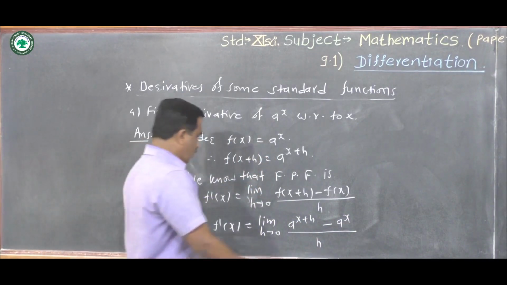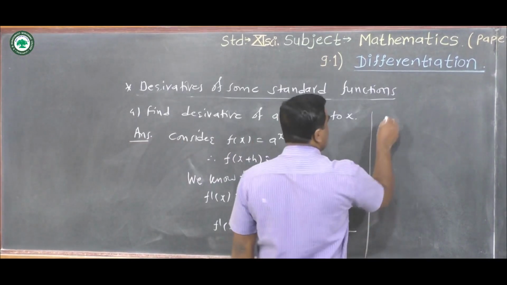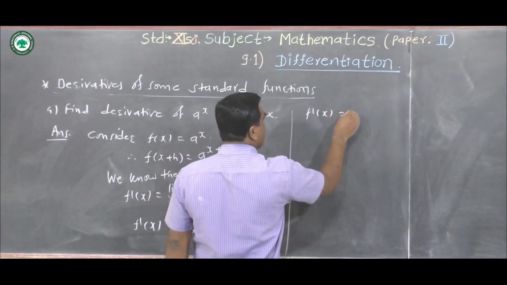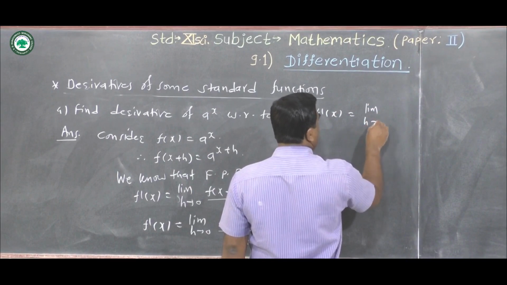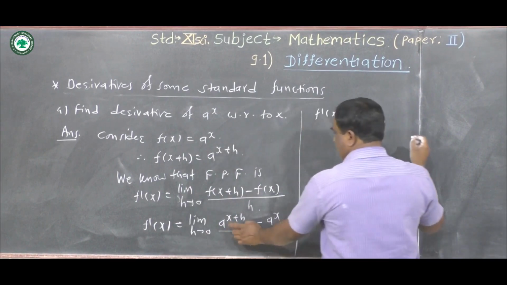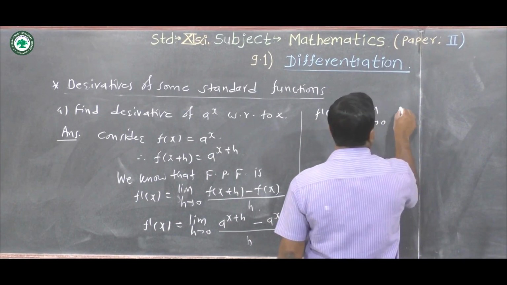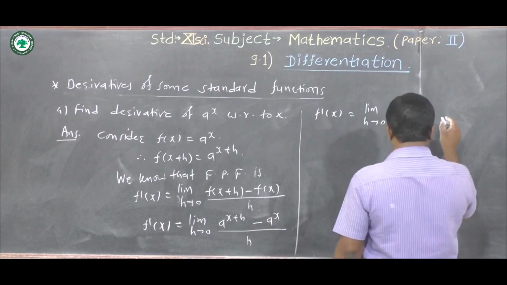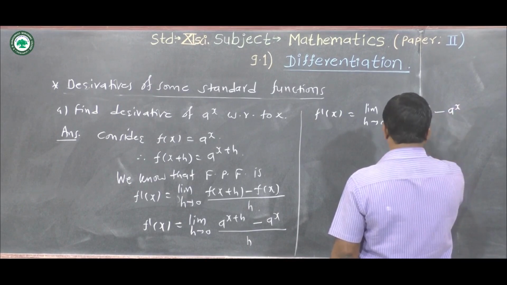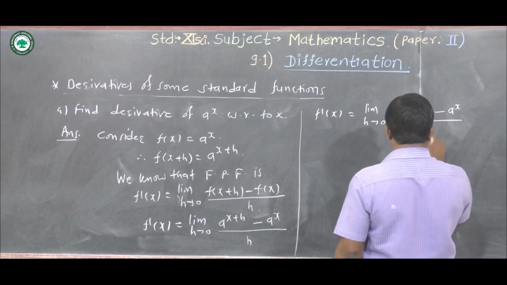Further, we can write this a raised to x plus h as a raised to x into a raised to h, minus a raised to x upon h.